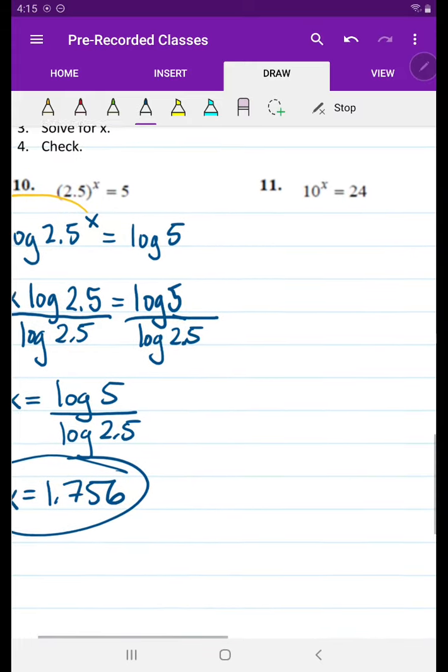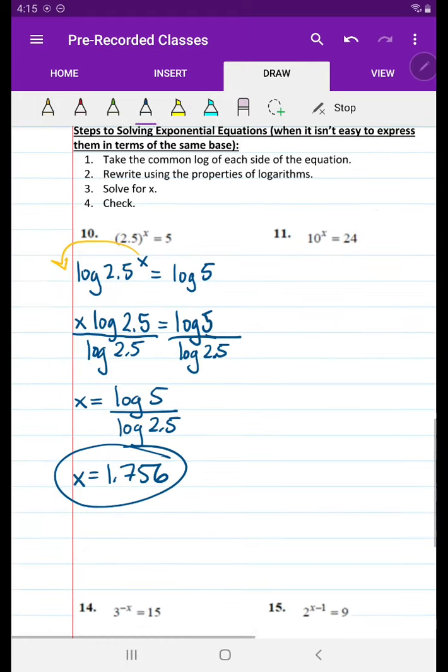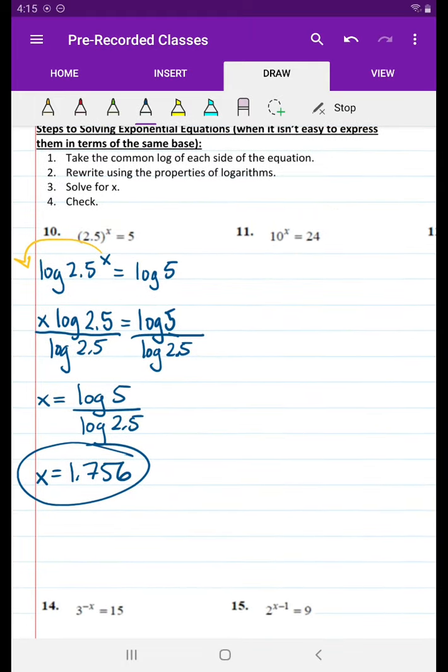So going on to number 11, we can do the same thing. We can take the log of both sides. So this becomes log 10^x equals log 24. And so then you can take this exponent and write that in front.